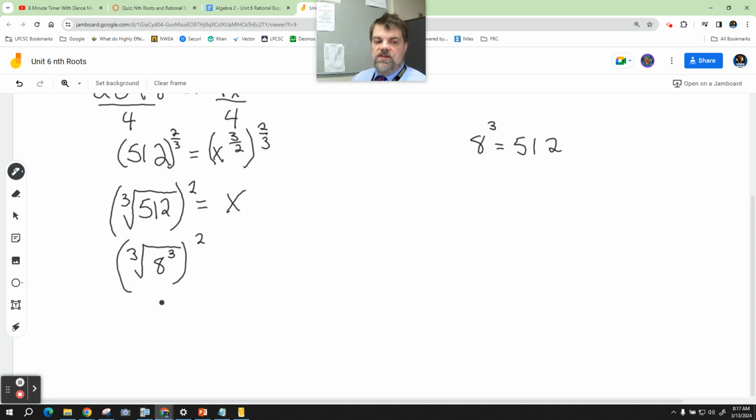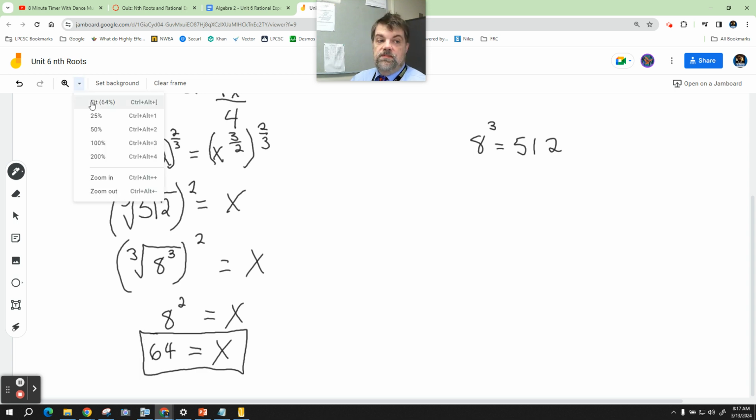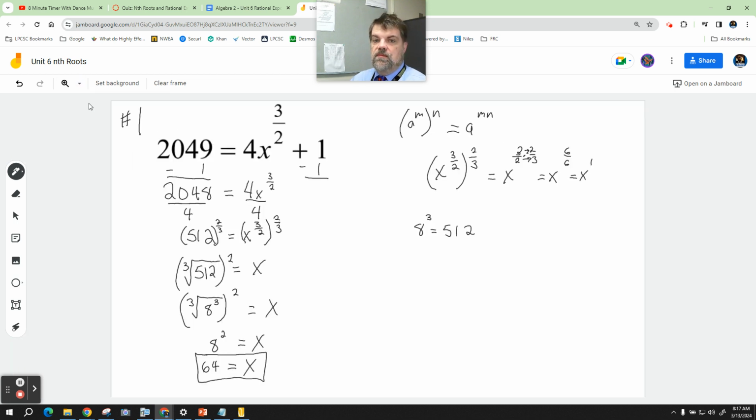The 3rd root undoes the 3rd power, so I'm just left with 8 squared, which is what, guys? 64. Let me zoom out so you can see the whole thing here. Does that help?